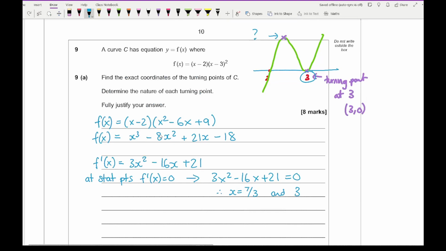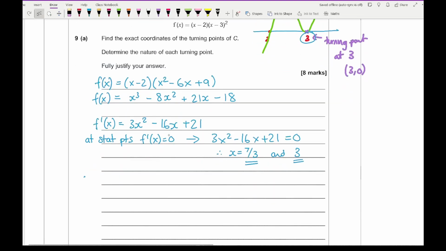Now I know that 3 was always going to be one of the turning points. So I already know that these are the x-ordinates of my turning points. So therefore, there is a turning point at 7 over 3.